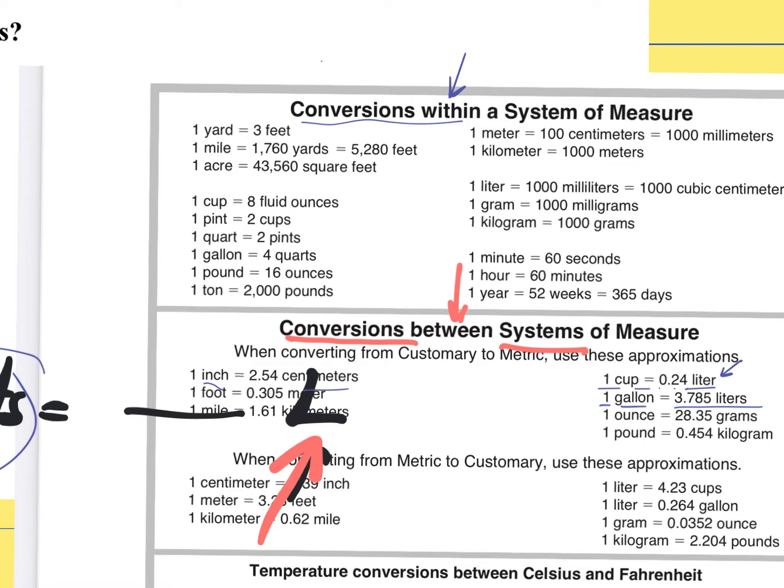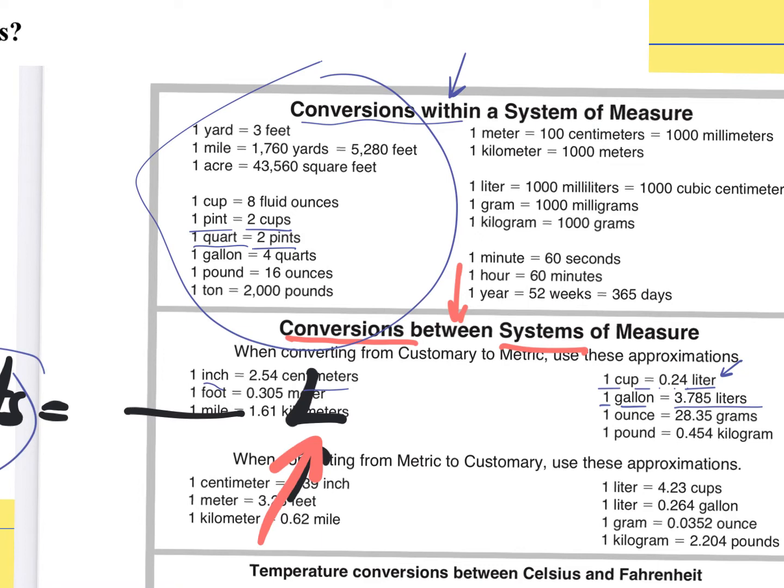So I'm going to look on this side over here. It says that I have cup over here, and 2 cups equal 1 pint. But I don't have pint. But over here it says that 2 pints are equal to 1 quart. Can I use that? Yes, you can use that.